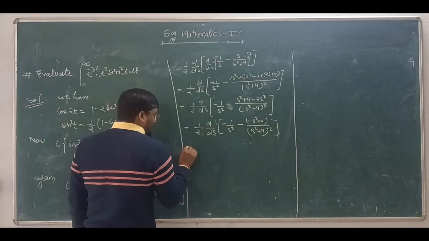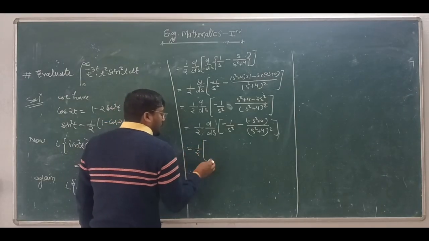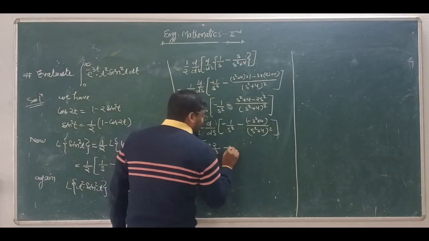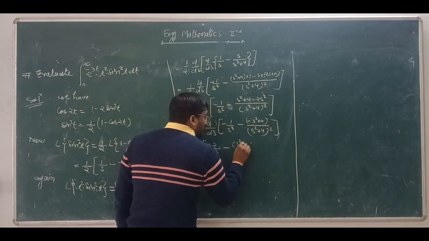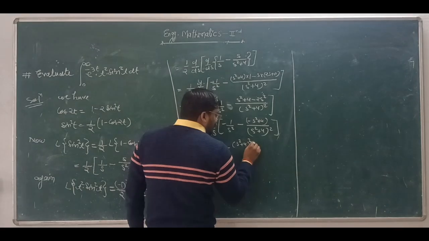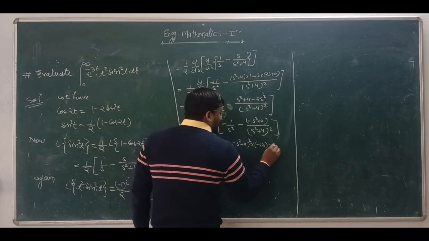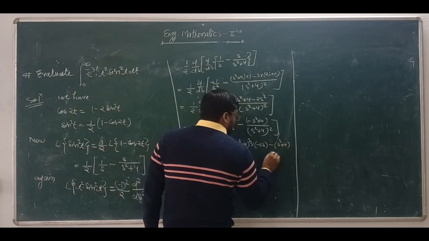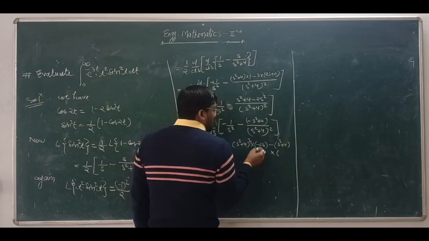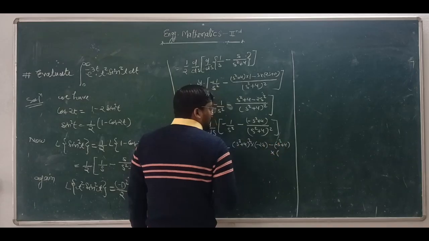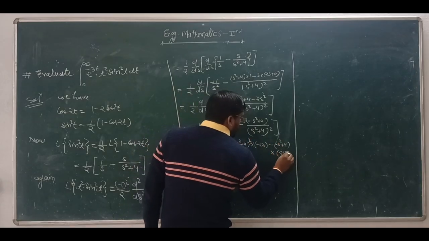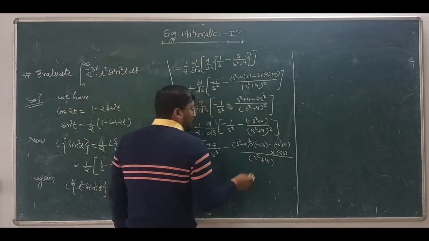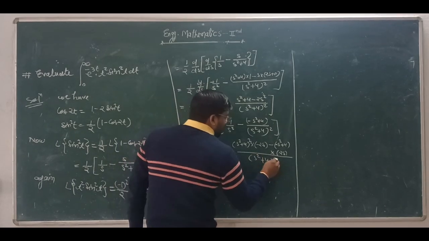Now again differentiate this function: 1 by 2 of the differential of this, plus 2 upon s cube, minus the differential: (s square plus 4) to the power 2 into the differential of (4 minus s square), which is minus 2s, minus (4 minus s square) into the differential of (s square plus 4) to the power 2, which is 2(s square plus 4) into 2s, total upon (s square plus 4) to the power 4.